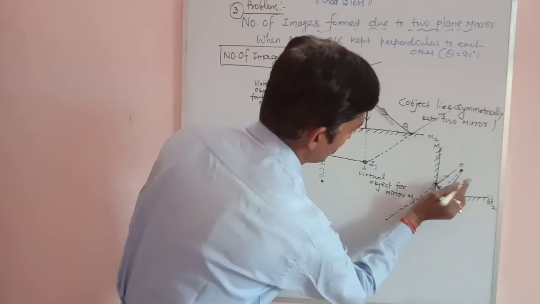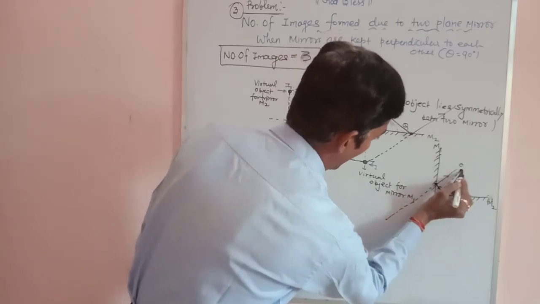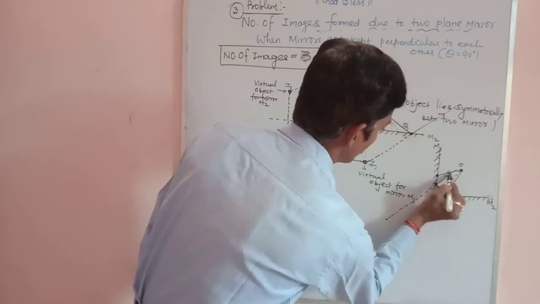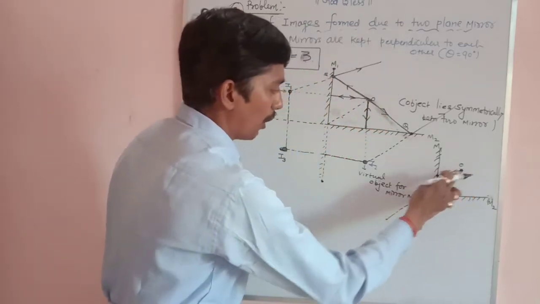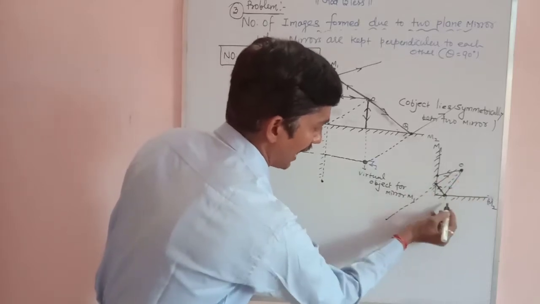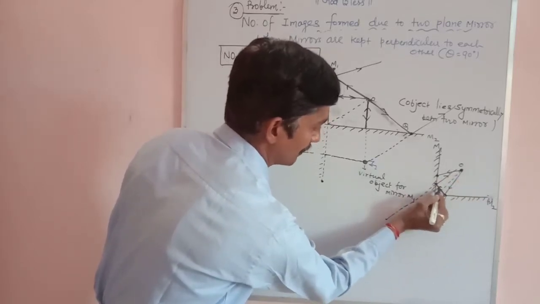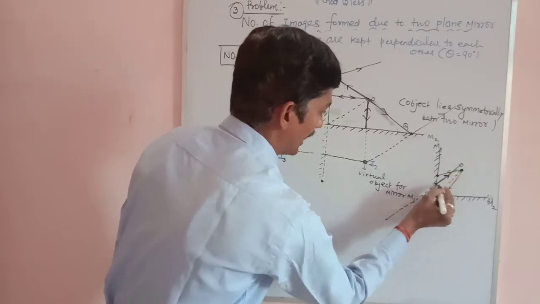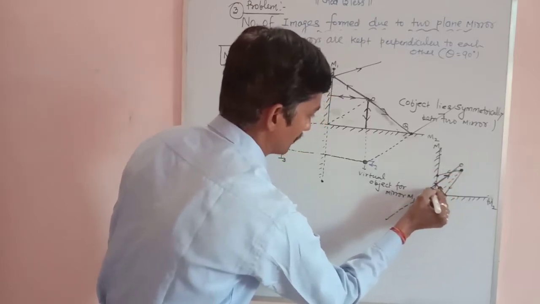Similarly, my dear, say another ray is incident like this from the object O on mirror M1. It fell on M2 from here, went here, right? From here it went like this and I produced it at the back.